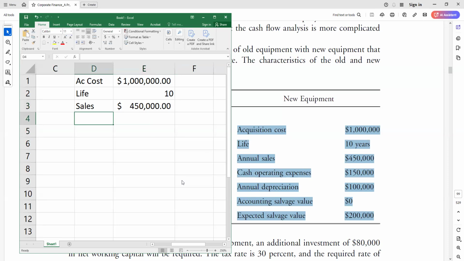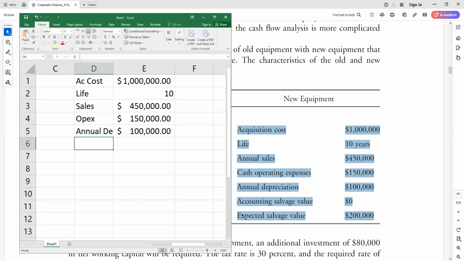And cash operational expenses, OpEx again, for the new one, 150,000. Annual depreciation is 100,000.